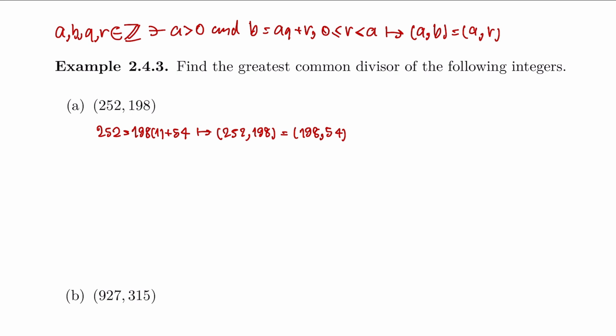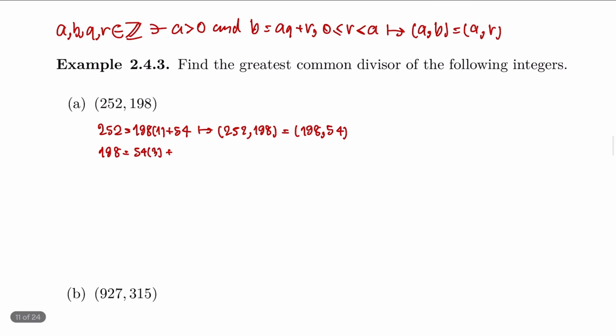I want to divide 198 by 54. So we have 198 equals 54 times 3, and 54 times 3 is 162, so you need to add 36.